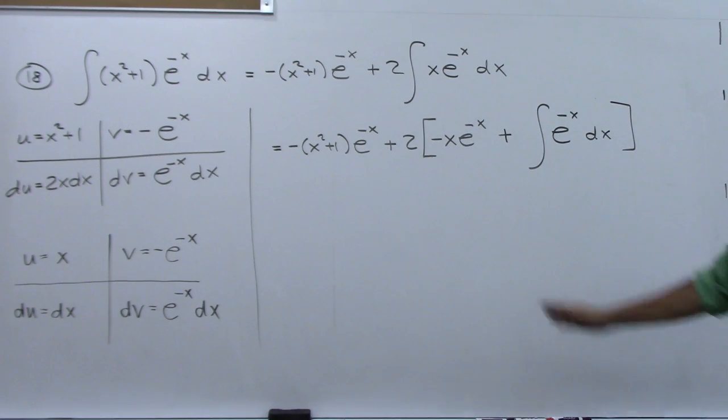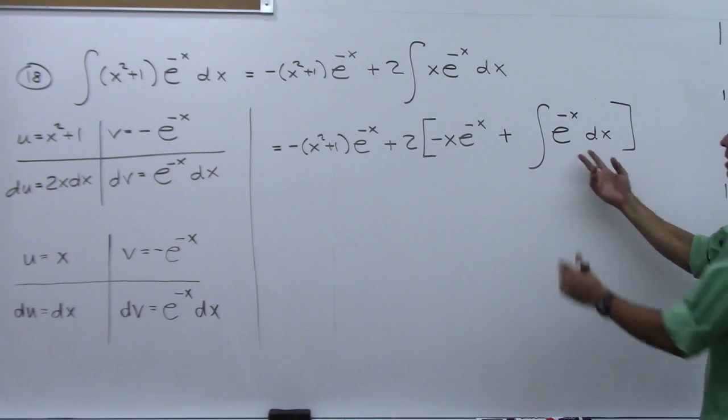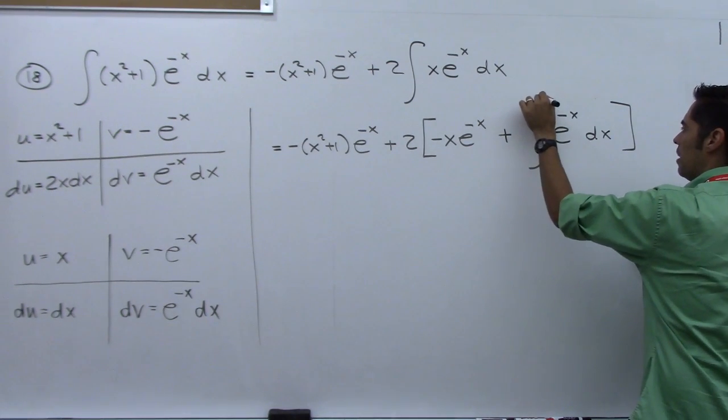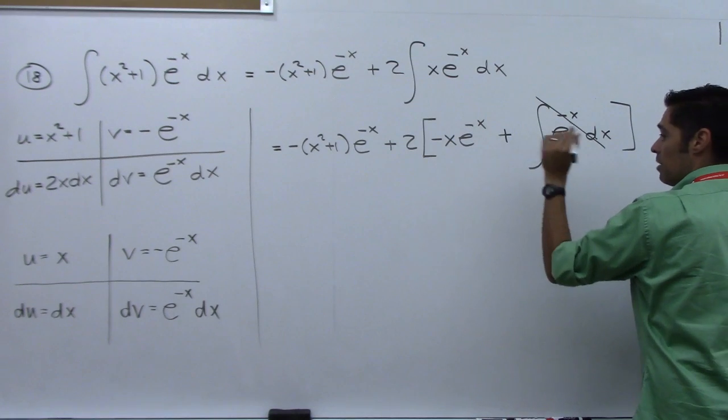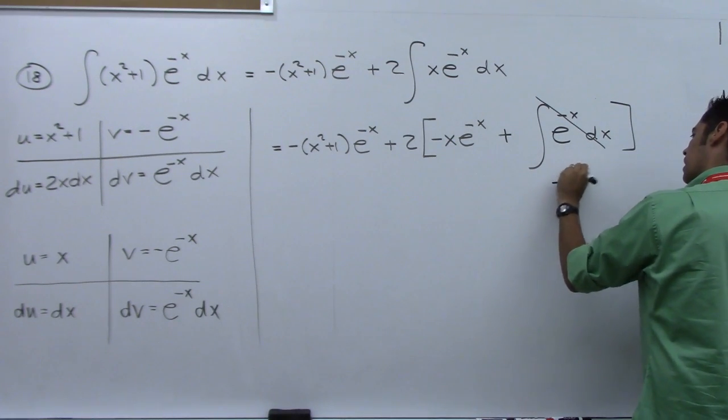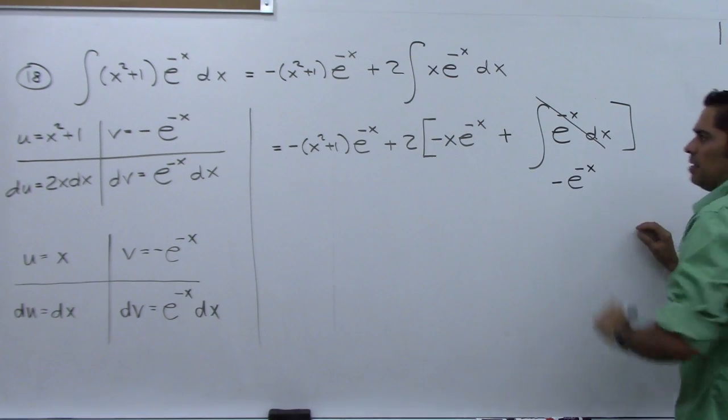And I'm going to distribute a 2 through, but the antiderivative of this, right, we can just do this mentally. We've done it twice already, so negative e to the negative x, no more integral sign, we'll have a plus c.